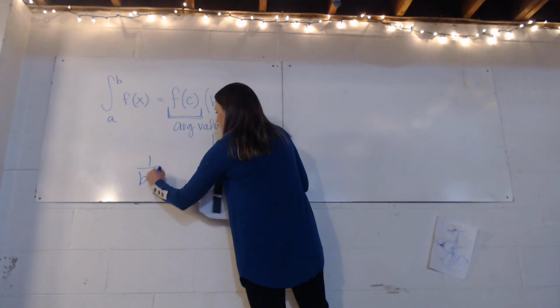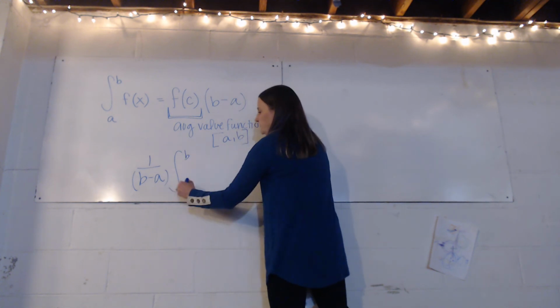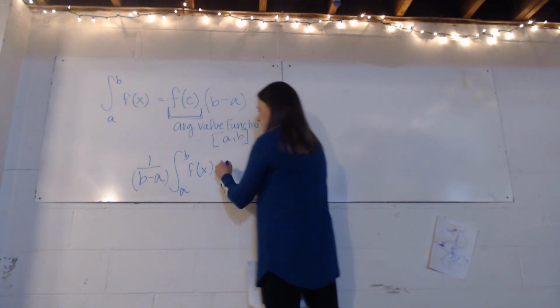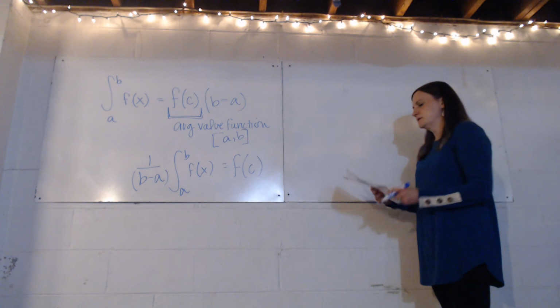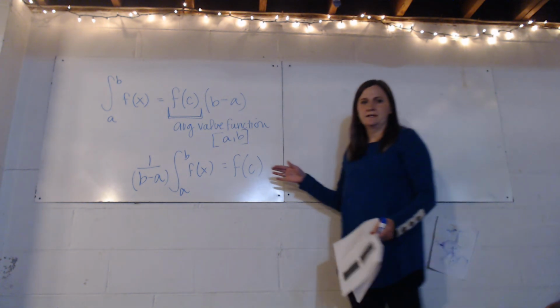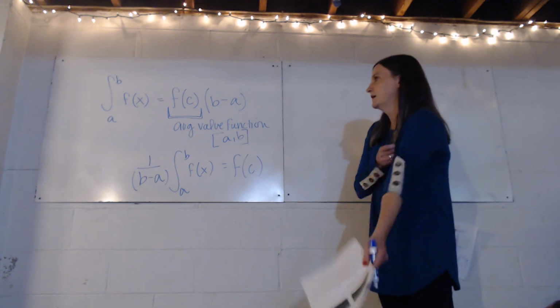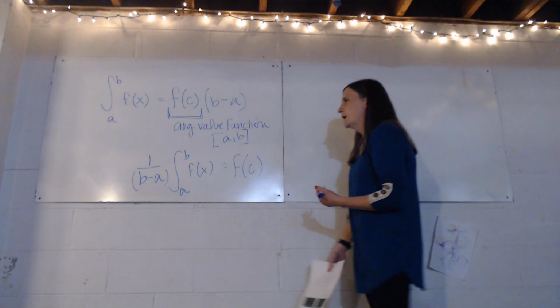So 1 over b minus a times the definite integral of the function would give me the average of that function. I'm just watching time and don't have much space, so I'm sort of waving my hands at that.